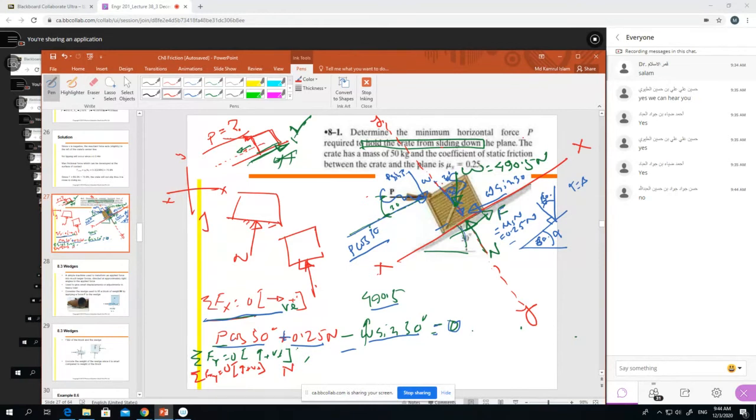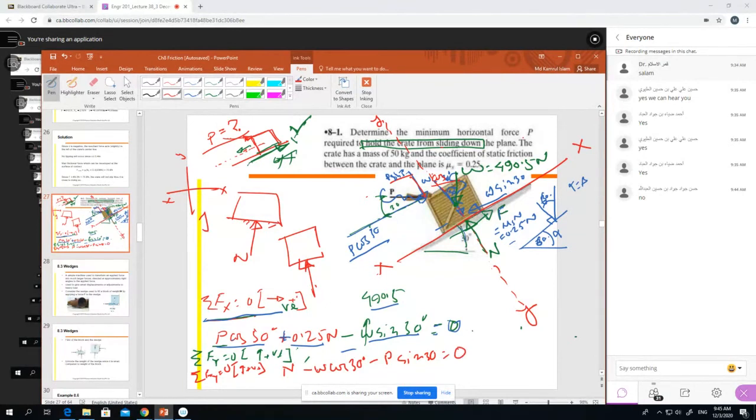And what is working downward is W, this force W cos 30 degrees, and this is downward, so minus W cos 30 degrees. What else do we have? We have this force P sin 30 degrees downward, so minus P sin 30 degrees, equal to 0.